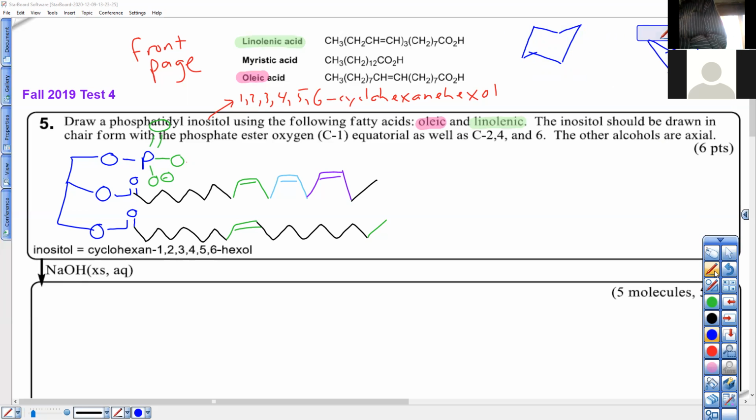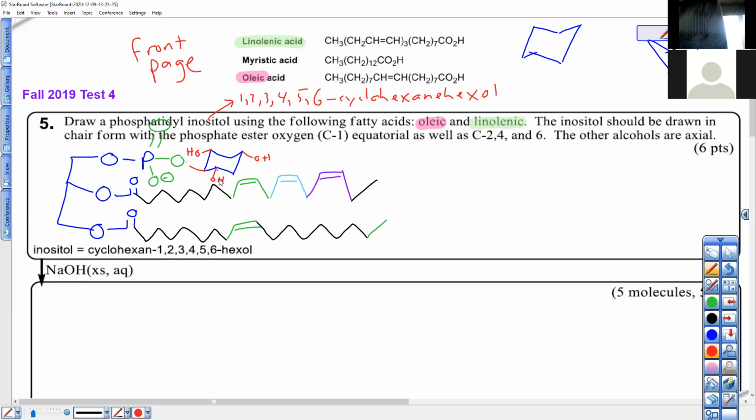All right, so let's draw a little below the O there. Slightly better chair. Equatorial on this position, slightly up. And equatorial as well on 2, 4, and 6. So here's 2. Here's 4. And here's 6.